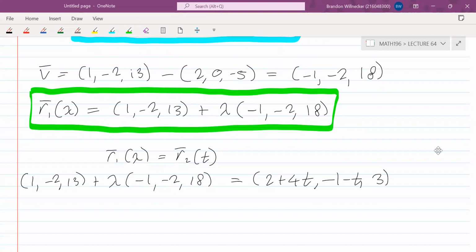Let's make both sides a single vector, so it'll be easier to work with. On the left-hand side, we can combine these two. We can write (1 minus lambda, -2 lambda, 13 plus 18 lambda).